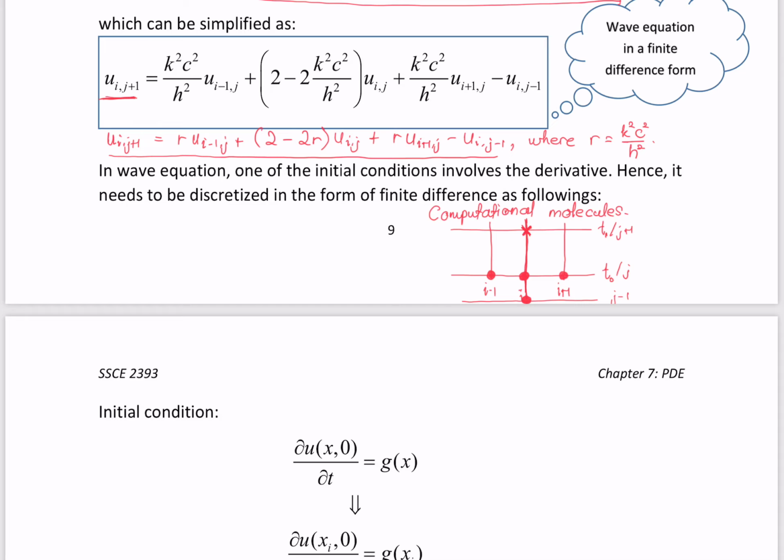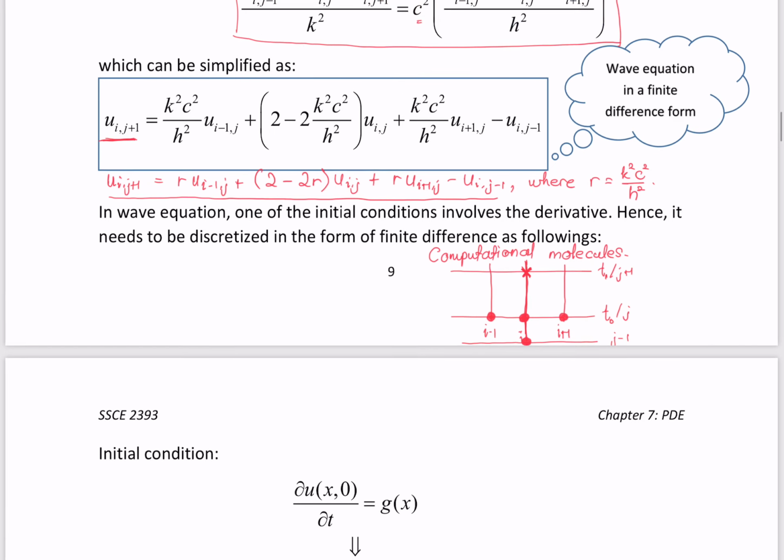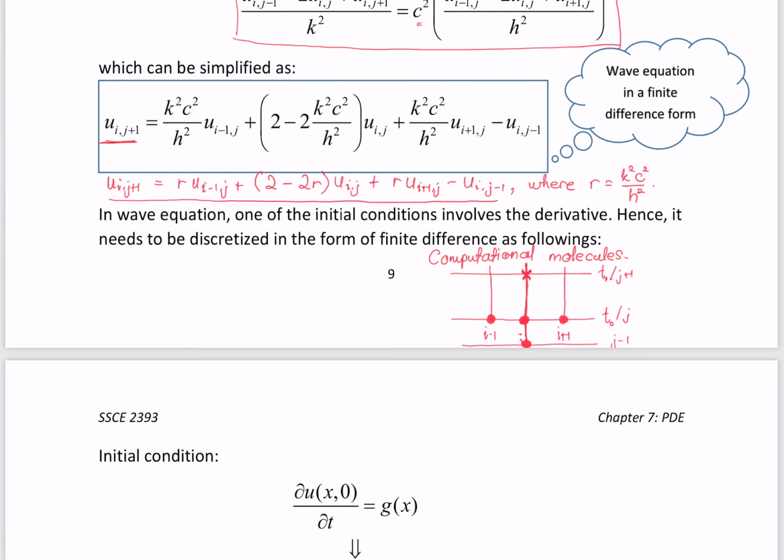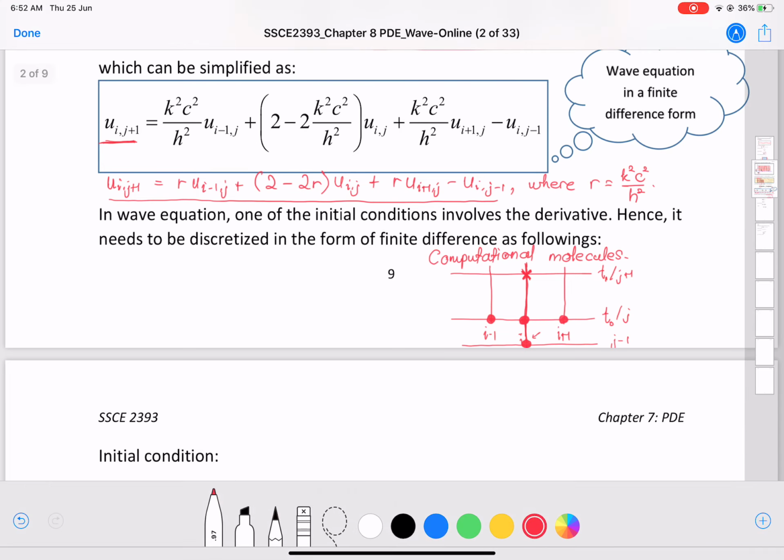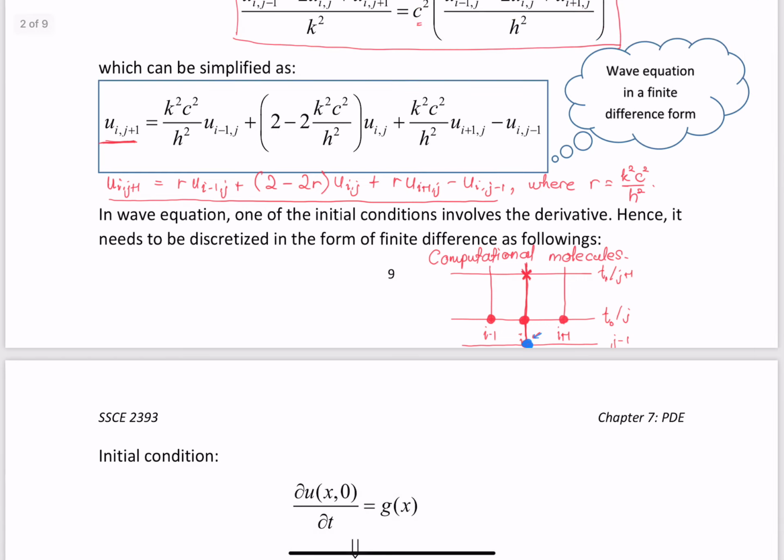And if you see now, if you go back to the diagram where you put your wave into the finite difference grid, you can see that at this point, maybe I can put in a blue one, the blue one here, it is outside of our domain.